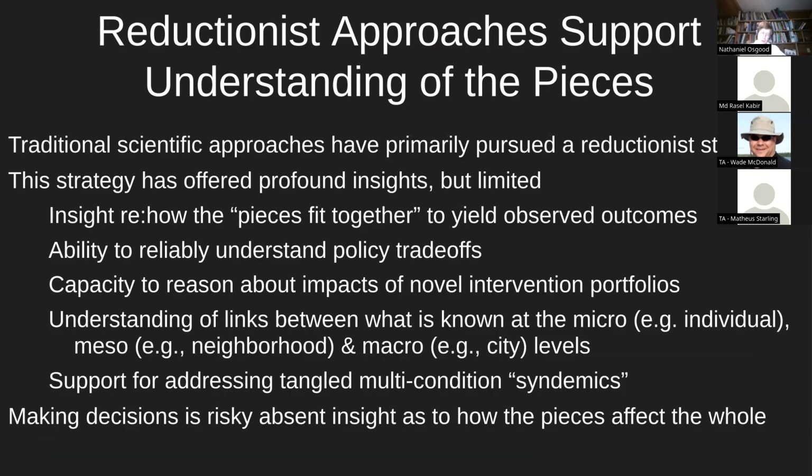Now, one of the challenges that most motivates the use of system science approaches here, or one of the aspects of historic context that induces need for system science methods, is the fact that traditionally, for over centuries, really, much of science disproportionately emphasized reductionist approaches.